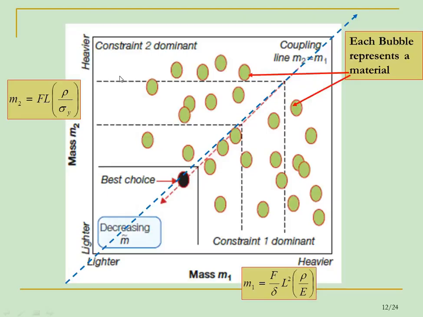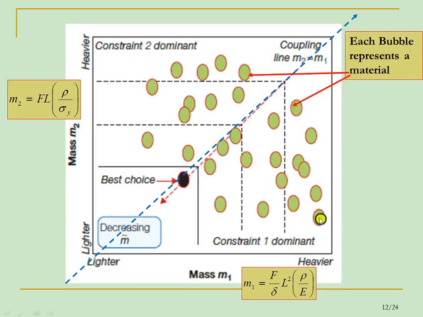Because for this solution, let us say I take this example, the mass M2 is very high and the mass M1 is low, and according to our active constraint approach, for this pair of M1 and M2 we select the larger of the pair. So I will design it according to M2, not M1, because M2 is larger than M1. That is why the solution which lies in this region will have constraint 2 as the dominant constraint.